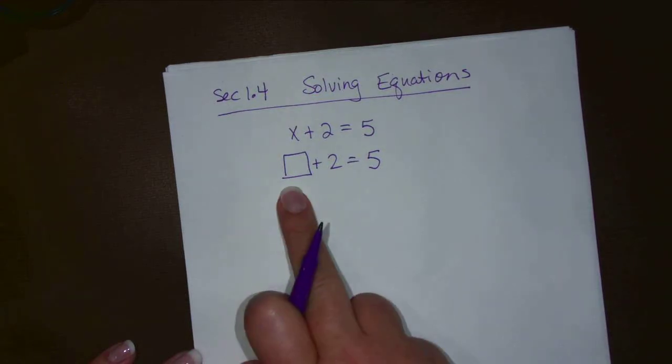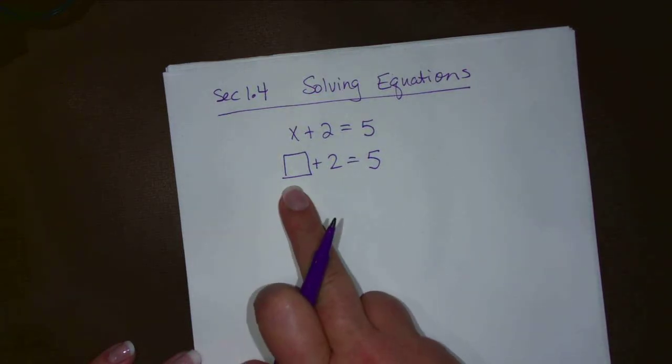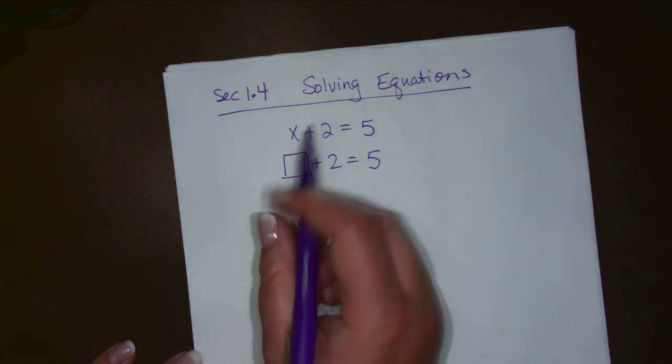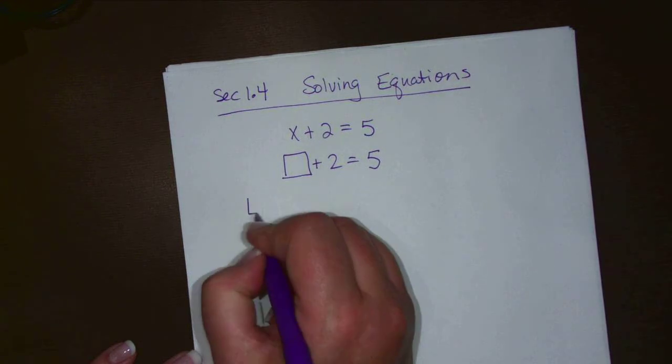But that's all it is. There used to be a blank or a box in your paper to fill in, and you could do it in your head with a little bit of thinking, and now all of a sudden you can't. So the equations that we're solving in this particular section are linear equations.